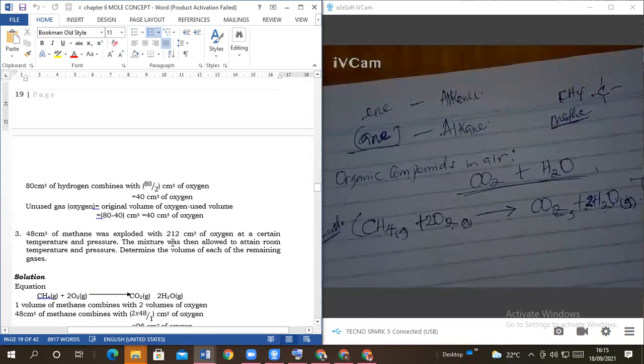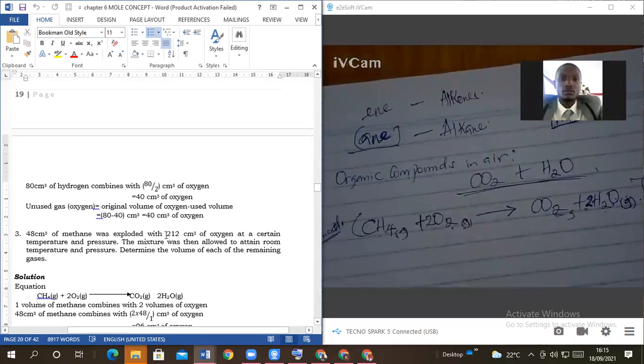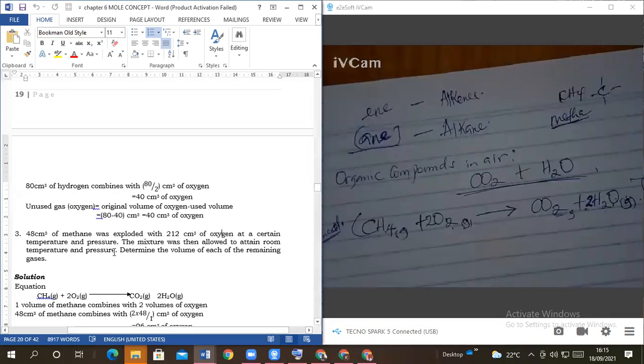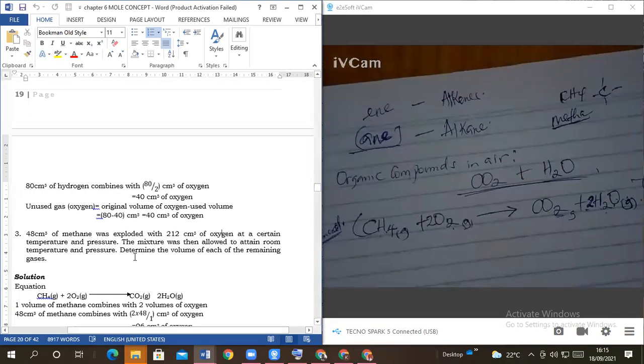Now here they are saying 48 of methane was exploded with 212 cubic centimeters of oxygen. They are telling us to determine the volume of each of the remaining gases. If you explode this and this, the whole of methane will burn. The end product will be carbon dioxide and water.